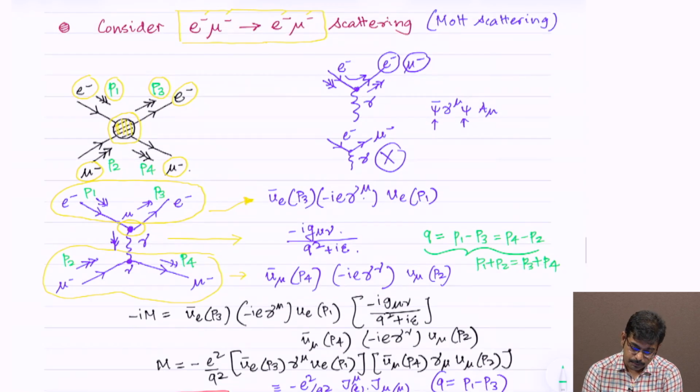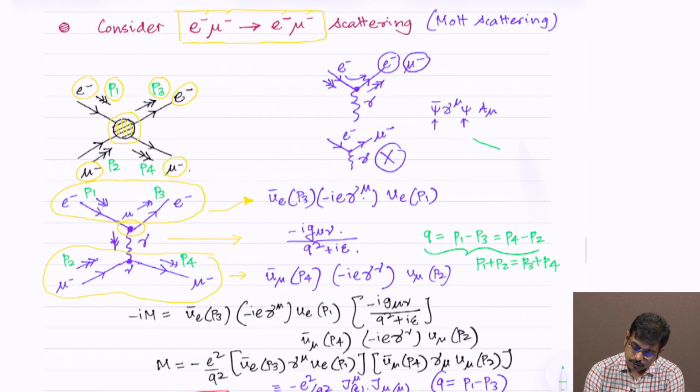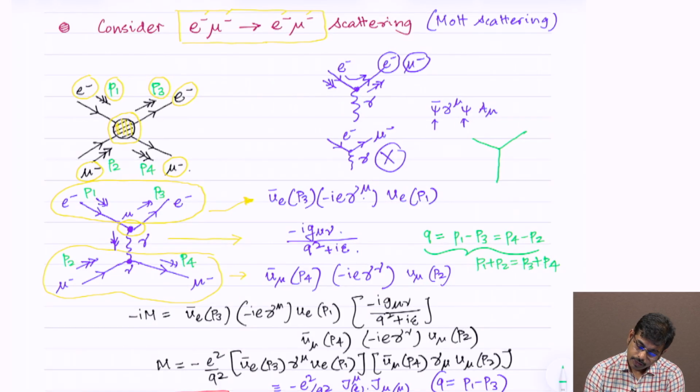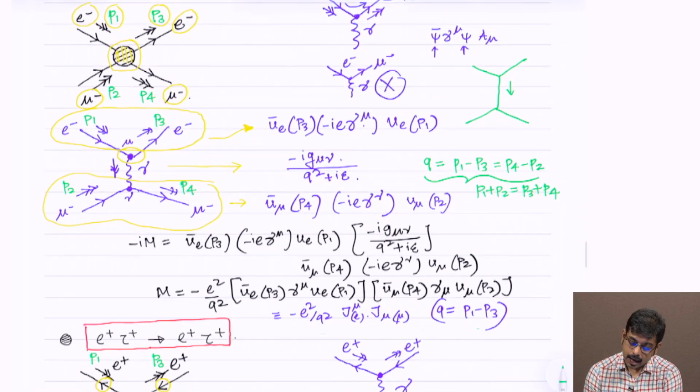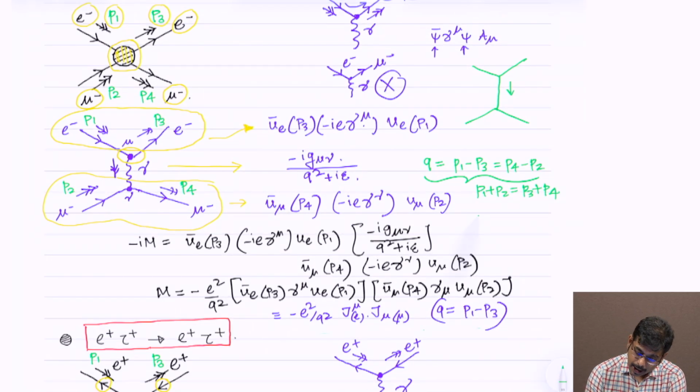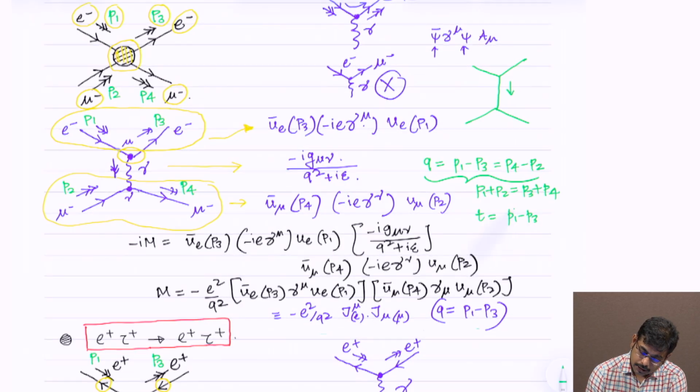Whereas, here in both e plus tau plus going to e plus tau plus and e minus mu minus going to e minus mu minus, the graphs look like this, and the propagator q carries a momentum P1 minus P3. Now, you can define a Mandelstam variable t, which is (P1 minus P3) whole square, which is equal to (P4 minus P2) whole square.